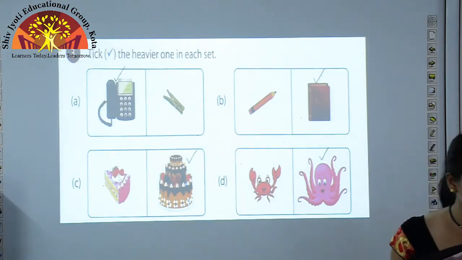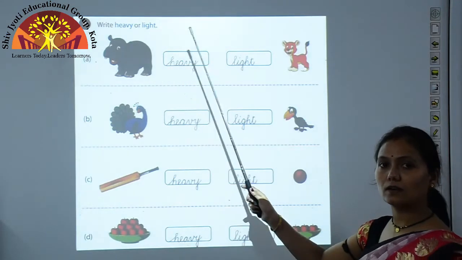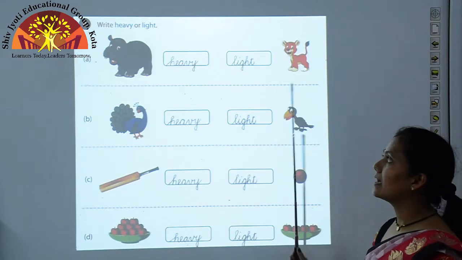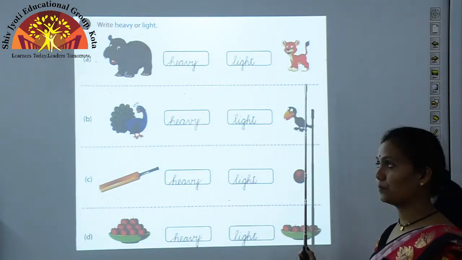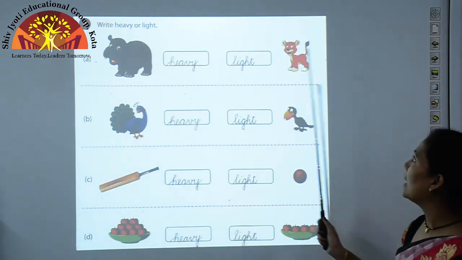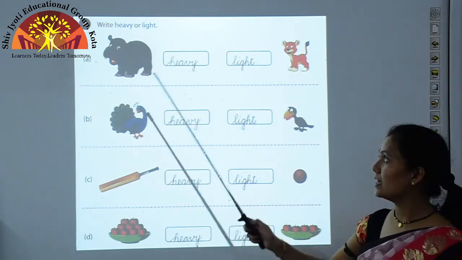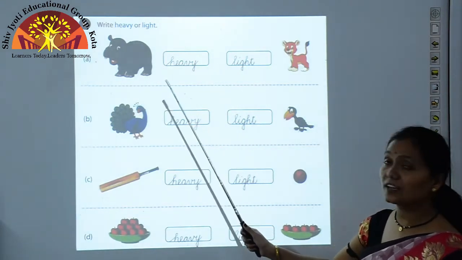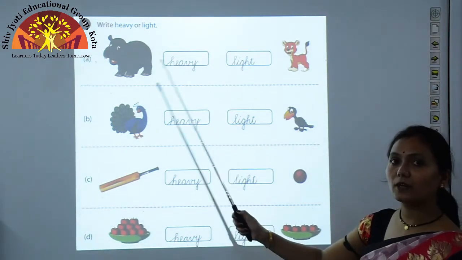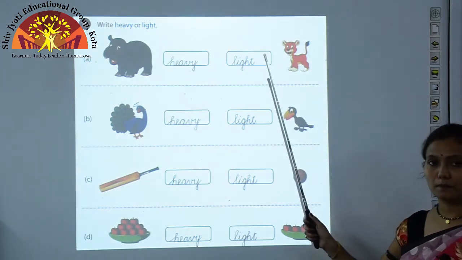Now our next question. Question number 4. Write heavy or light. Here 2 pictures are given and you have to write heavy or light. So first picture is of hippo and second is a cup. Here you can see hippo is heavier than a cup. So we'll write heavy in front of hippo and light in front of a cup.